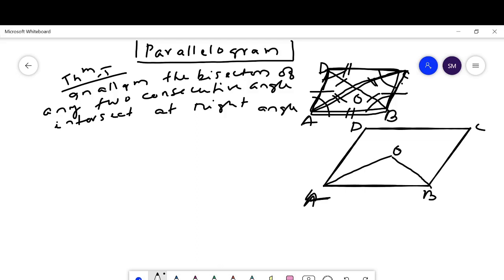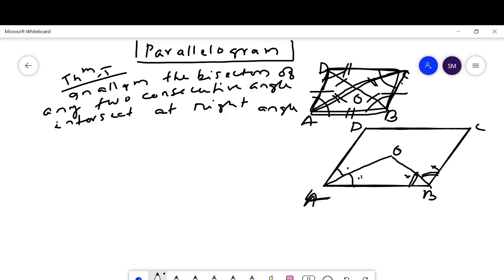This means AO is an angle bisector, so the measure of this angle is equal to the measure of this angle. These two have the same measure. And BO is also another angle bisector. This means the measure of this angle is equal to the measure of this angle.